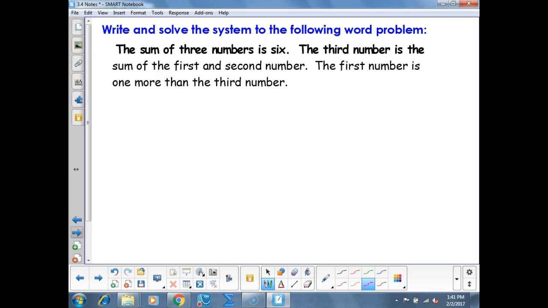3 equations, 3 unknowns come in word form too. Okay? So I'll give you a couple of minutes to develop your 3 equations with your 3 variables. Solve it, check it, and present your answer.